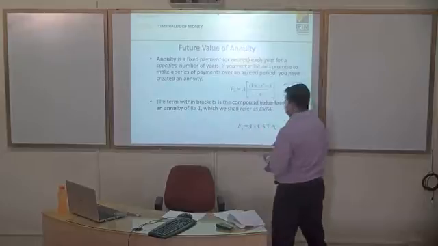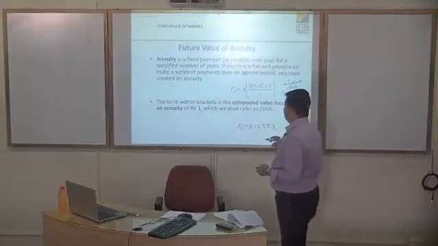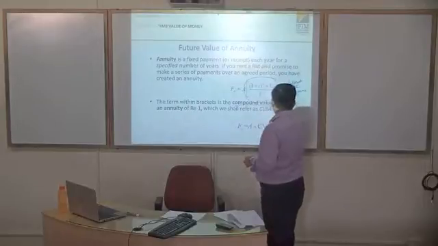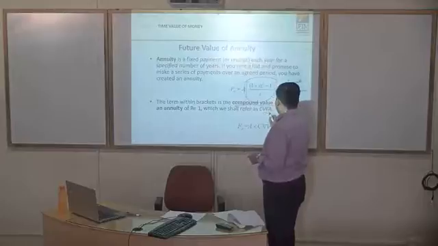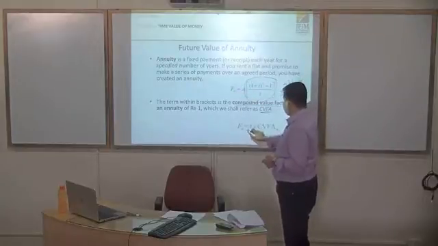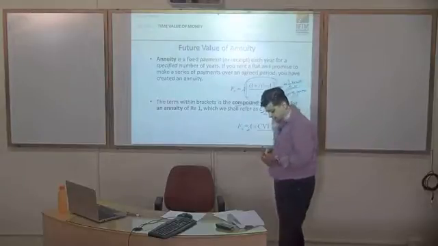The term within the brackets is called the compound value factor for an annuity of rupee 1, which we shall refer to as CVFA. So the same formula can also be depicted as amount into CVFA for each n and i.